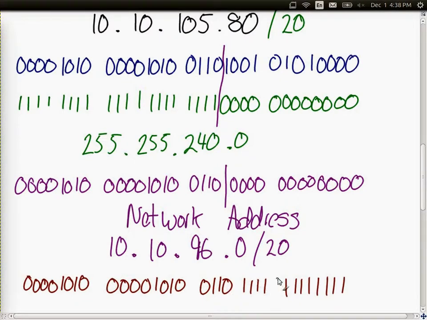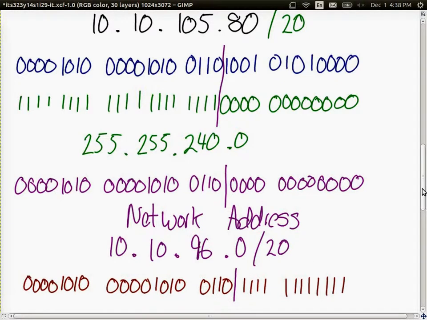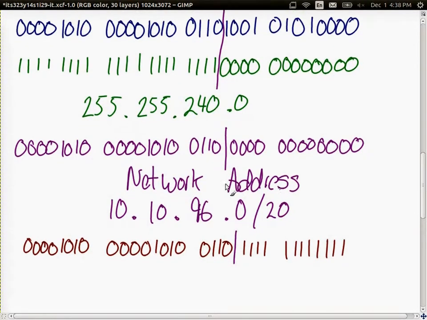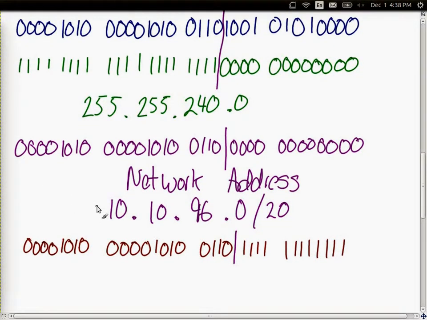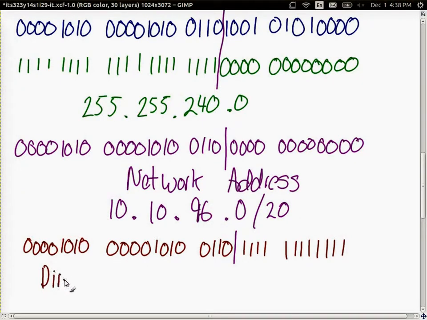The split with /20 is here, which gives us a directed broadcast address of 10.10.what?